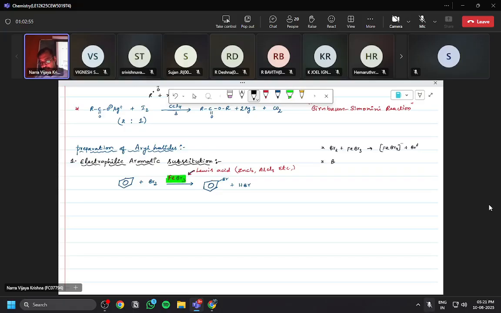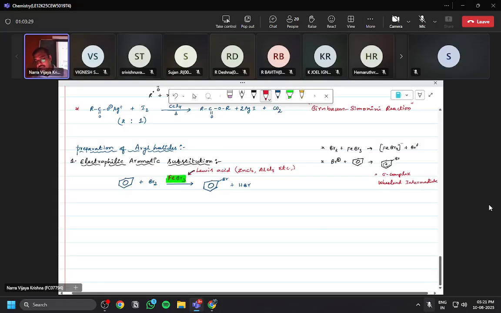Second step, Br plus will attack benzene. You will have positive charge on all carbons except that carbon. This positive charge undergoes delocalization on the remaining carbons. We call this intermediate a sigma complex, or Wheland intermediate, or arenium ion.